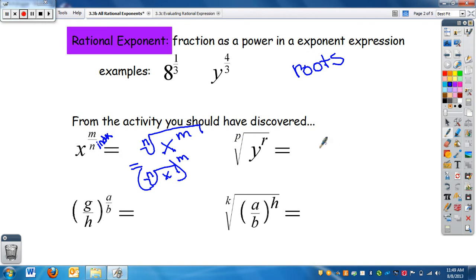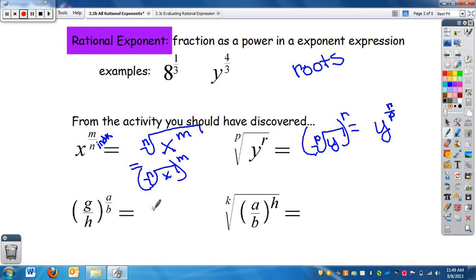Same here, if I had this, that's the same thing as if I would write the p root of y to the r, which if I want to write it as an exponent is y to the r over p. And similarly with fractions, we can write expressions.